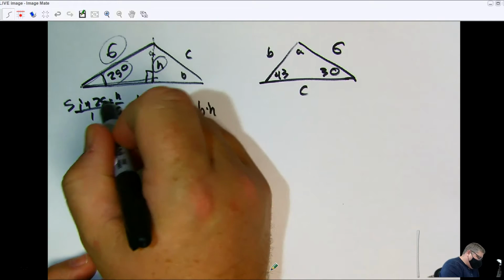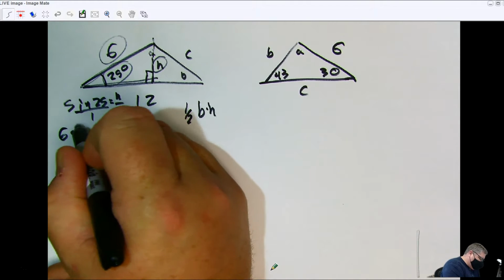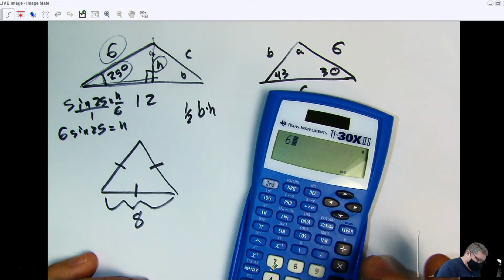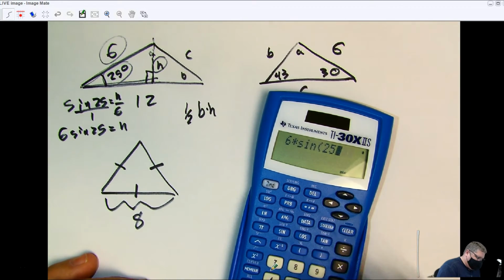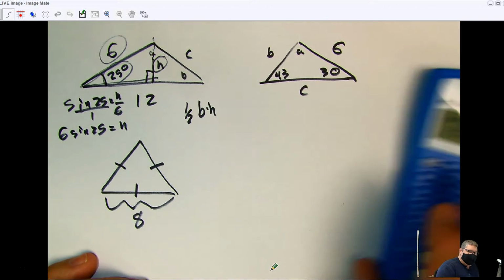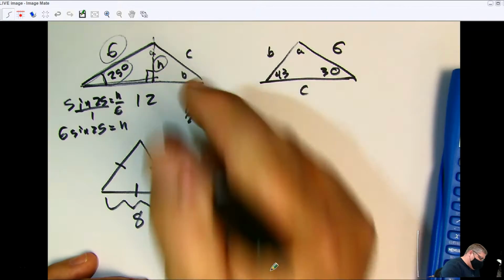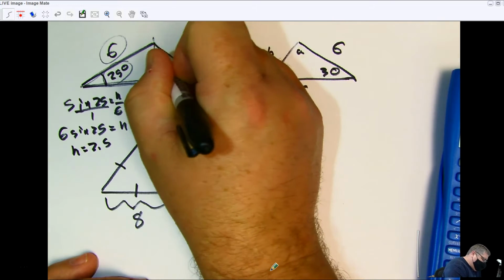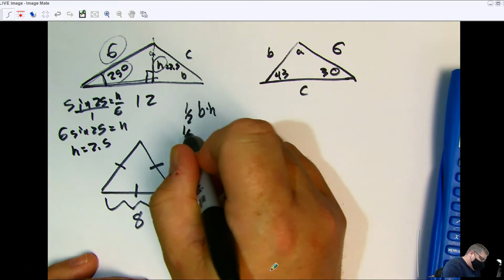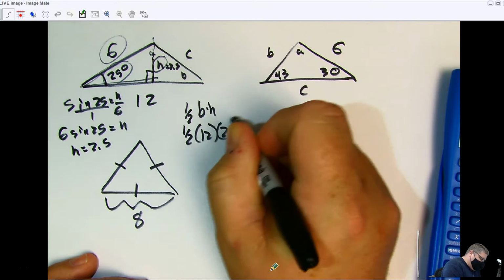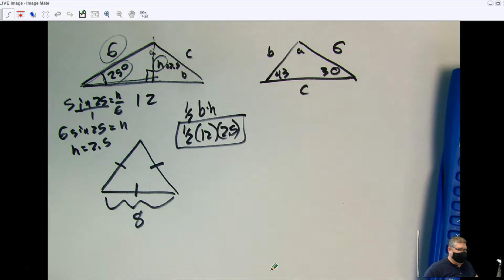So cross multiply, I get 6 sine 25 equals H. So I say 6 times sine 25. Answer is 2.535. Let's go with 2.5. H equals 2.5. So now I can simply say 1/2 of base, 12, times height, 2.5. Put that together, that's my area. So that works out really nicely.